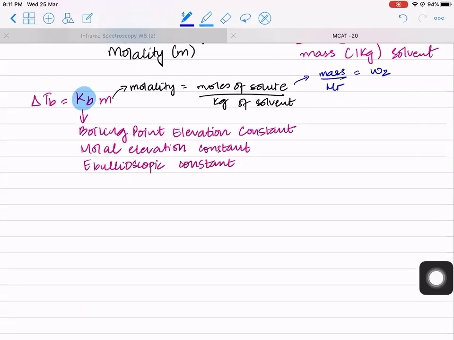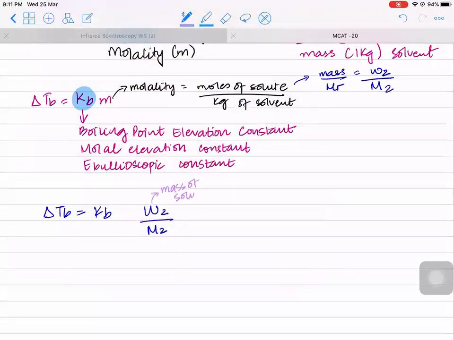So I can say W2 upon M2, where W2 is the mass of the solute and M2 is the molar mass of the solute.